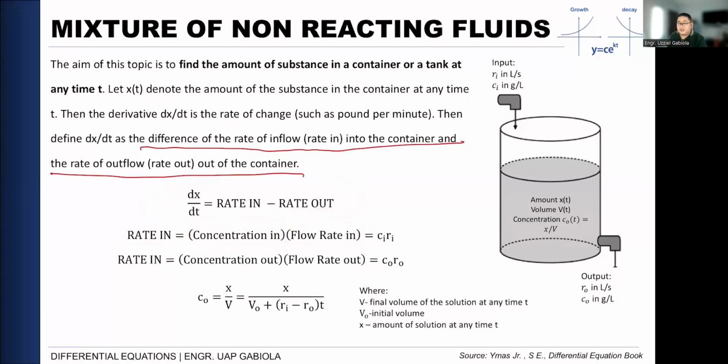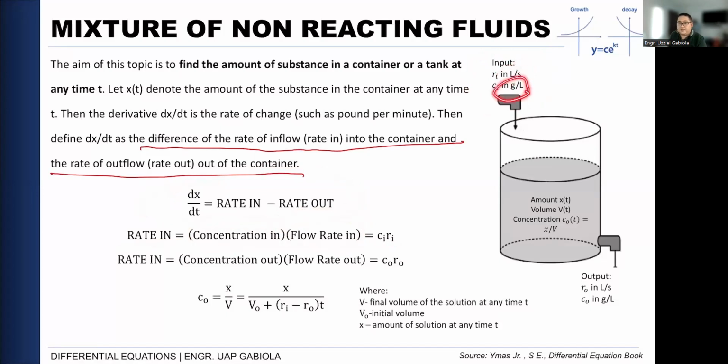So usually given yan, ano? Ito nakalagay ng input. Yung R_i natin is in liters per second and concentration natin in gallon per liter. So ma-identify nyo kung concentration siya o flow rate siya depende dun sa unit nyo. Kapag ang unit nyo is volume per time, rate ang pinag-uusapan natin.